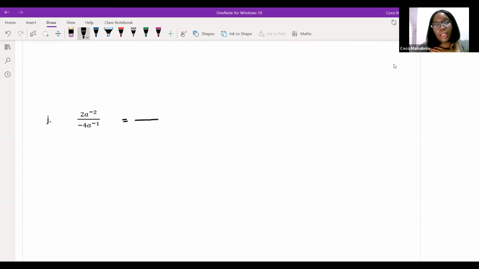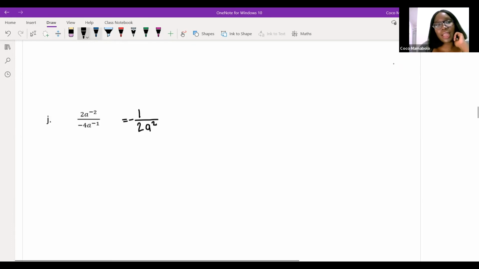Then I'm going to take a to the power of 2 to the bottom. And then what? Then since it's 2 over 4, it will be -1 over 2. So we'll first put the 1. Good. The 1 at the top and the 2 at the bottom. Yes, ma'am. Excellent.